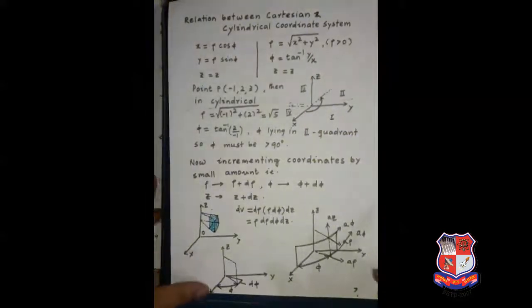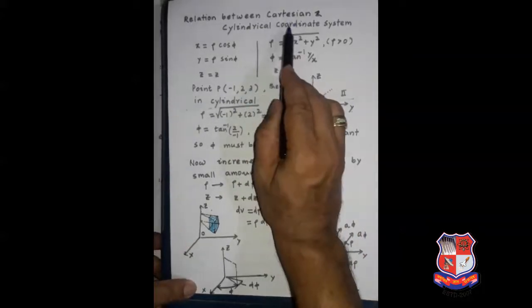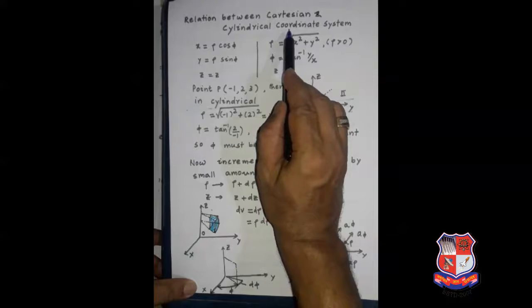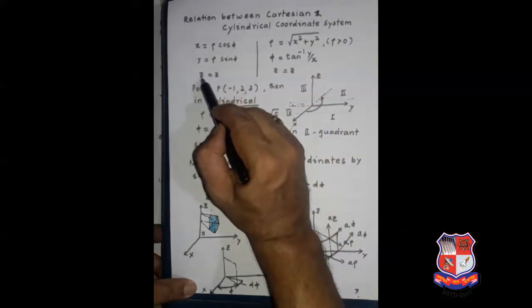Before we use the cylindrical system in different calculations or explanations, we should know the relationship between the Cartesian coordinate system and the cylindrical coordinate system. In the Cartesian coordinate system, we have got x, y, z as the coordinates.